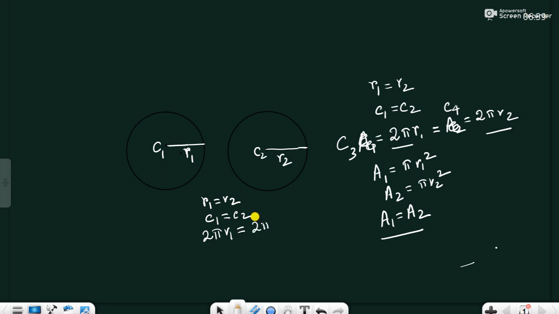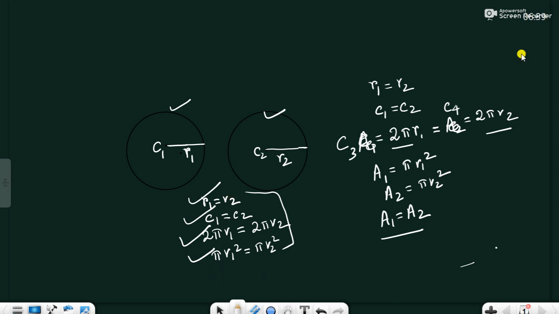And the areas are also equal, that is pi R1 squared is equal to pi R2 squared. Only then you can say that these two circles are congruent to each other. That means they are equal in all respects: radii, centers, circumferences, and areas. Congruent means they are equal in all respects. That is the definition of congruent, right?